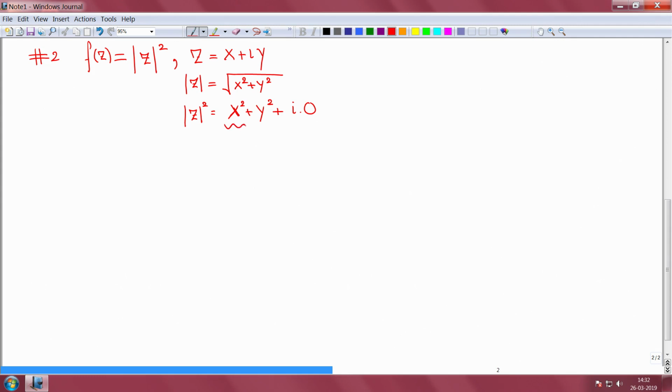So this part is u of x comma y and this part is v of x comma y.